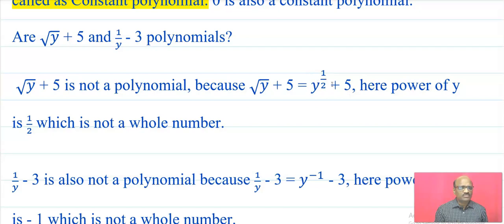Now the index of this y is not a whole number. Whole numbers are 0, 1, 2, 3 up to infinity. म्हणजे या y चा जो काही इंडेक्स आहे तो whole number नाहीये. It's a fraction. Therefore root y plus 5 is not a polynomial.